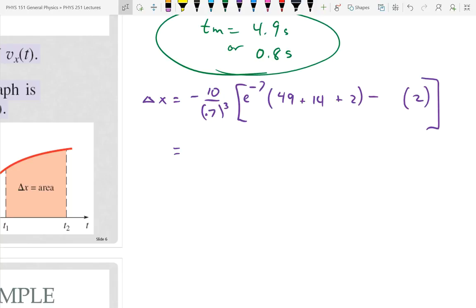I have like 0.056. Yeah, no. Horribly wrong. Well, let's just, assuming I made no mistakes, of course, that there is 65. What's e to the minus 7?